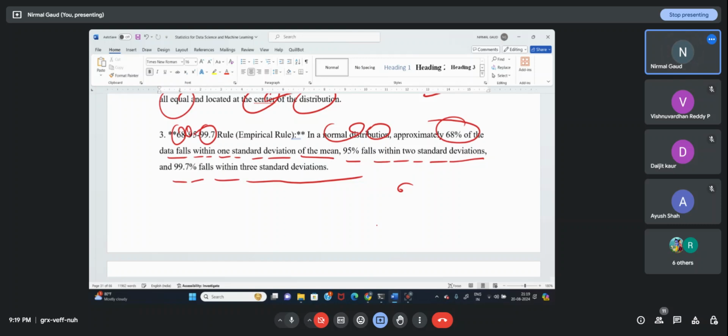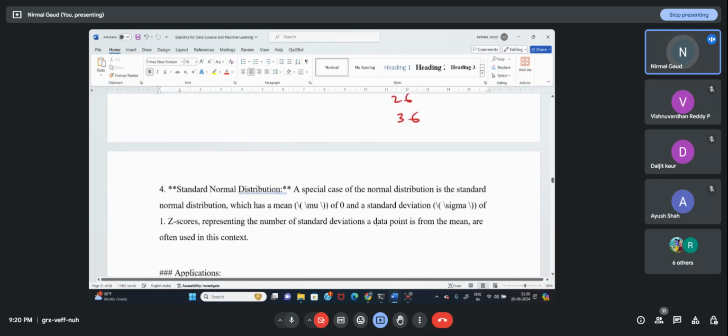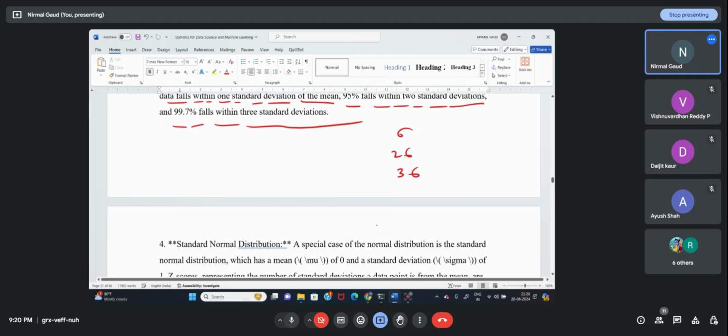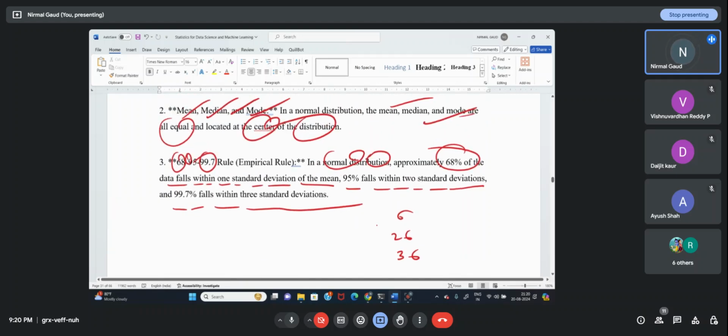Then 95% falls in two standard deviations, 2 sigma, and 99.7% falls in 3 sigma, 3 standard deviations. Okay, sigma, 2 sigma, and 3 sigma. I will let you know ahead what sigma, 2 sigma, and 3 sigma mean about the data distribution.